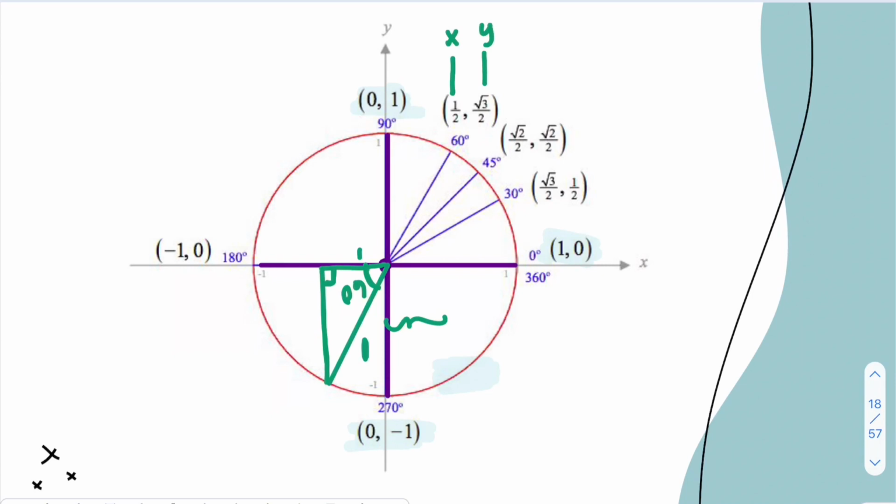So still, this is 1/2, but now because it's in a coordinate plane, remember, and we're going to the left, that's going to be negative 1/2. And again, because we're going down, this will be negative radical 3 over 2. That's going to make this ordered pair, my x, comma, my y, negative 1/2, comma, negative radical 3 over 2.